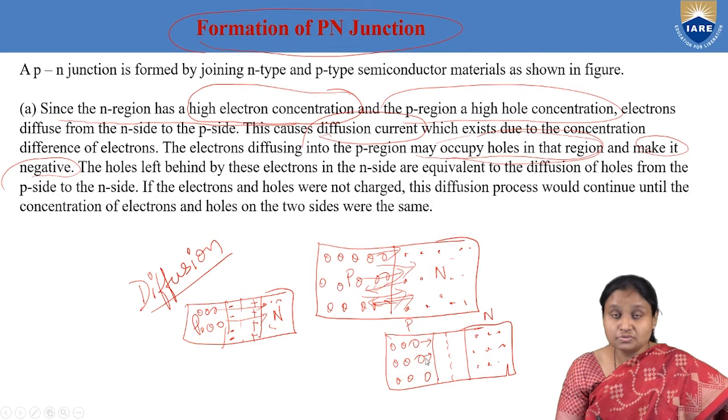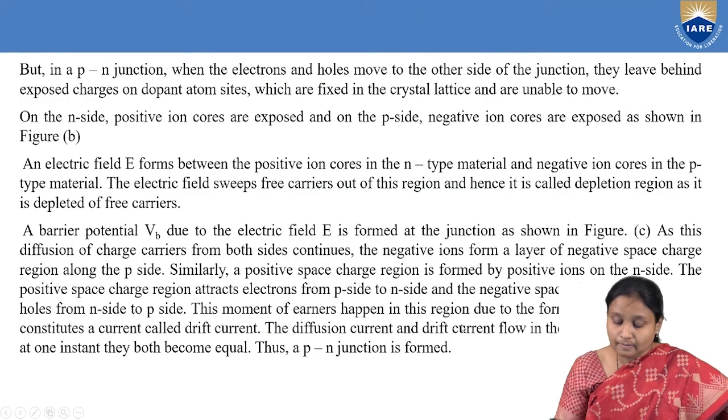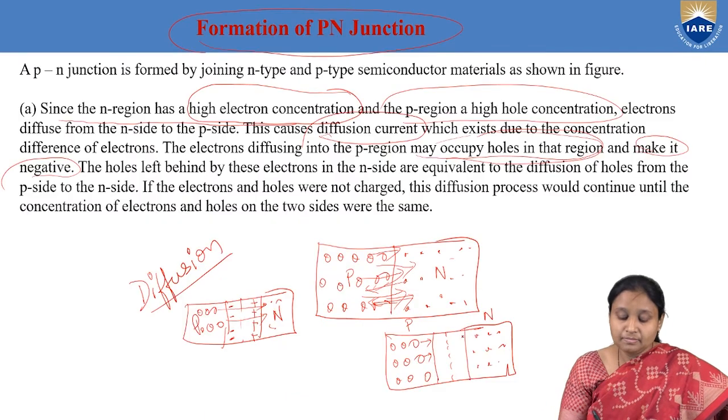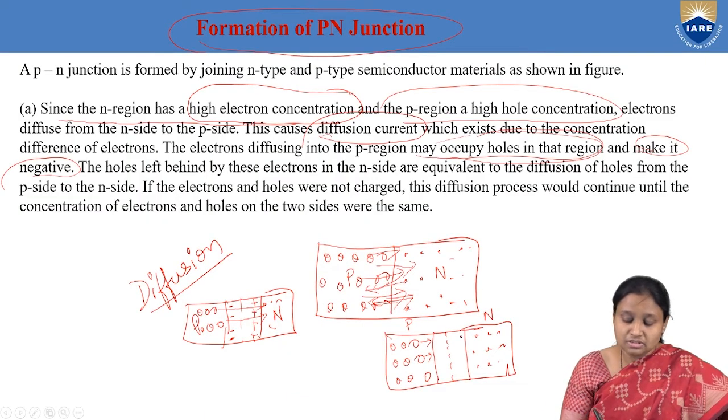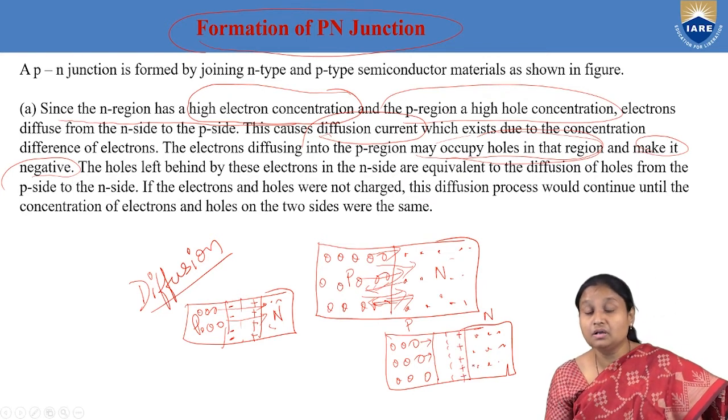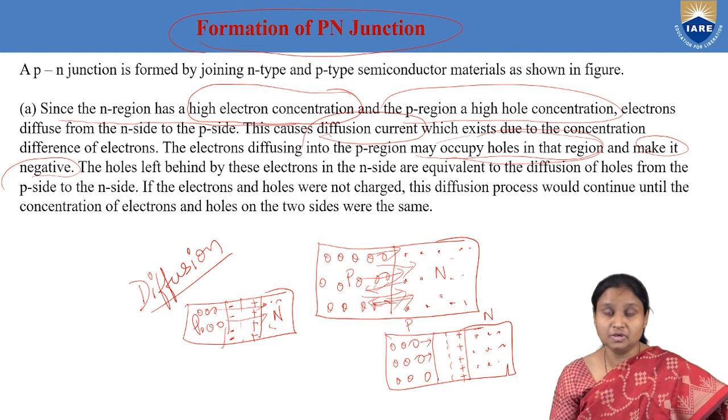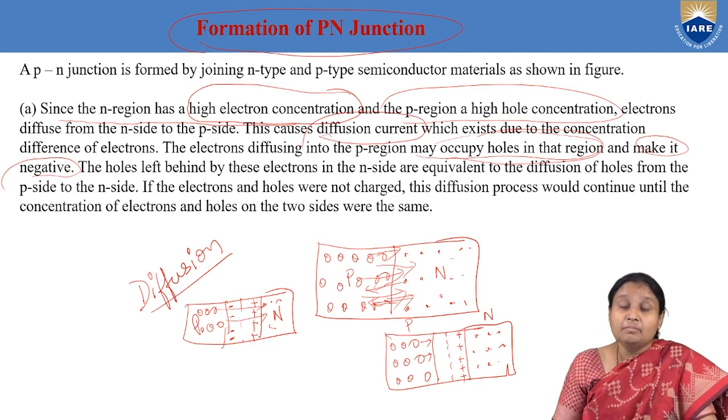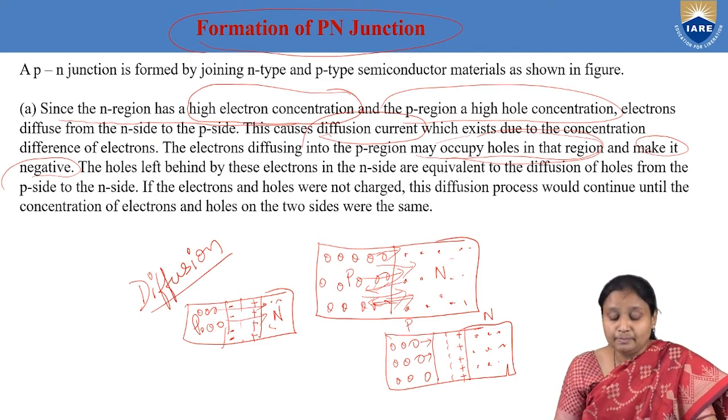So what happens to those holes when they go to the N side? They become immobile positive ions, represented by this plus symbol, to show that they are now without energy because they have lost their energy by recombining with electrons.